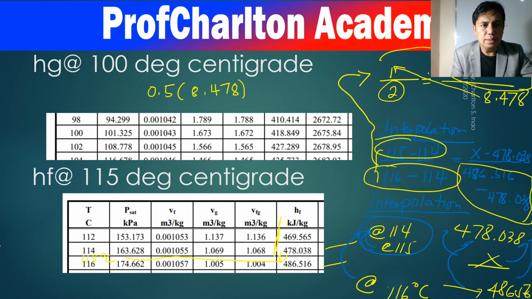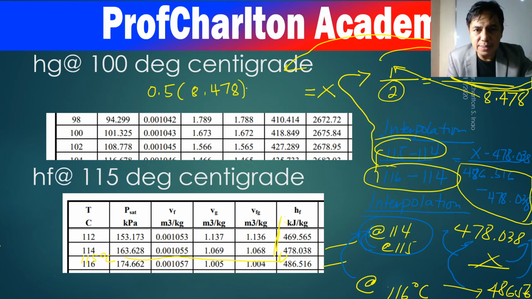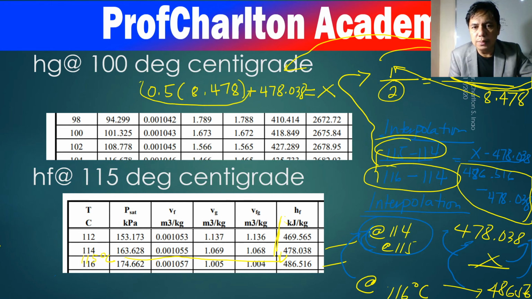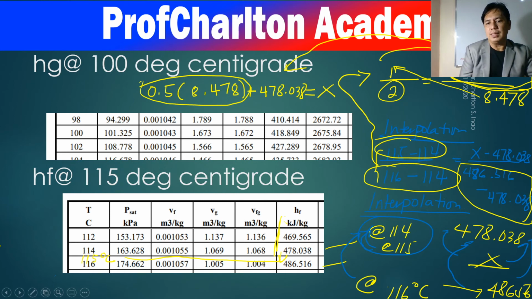Then we retain the x, and this whole thing here we transfer there, and it becomes positive. So plus 478.038, right? So we have to execute this, 0.5 times 8.478.